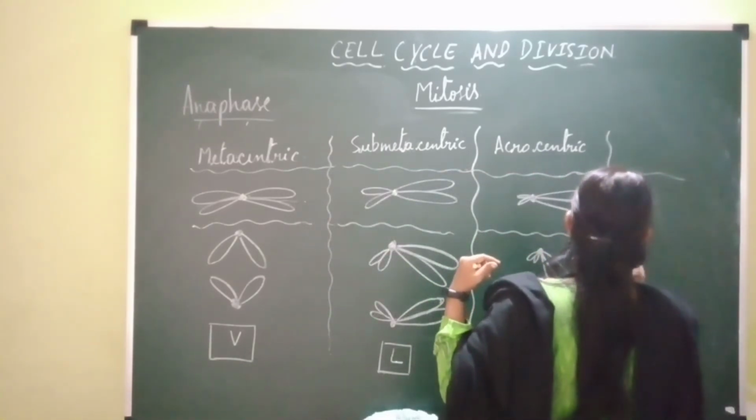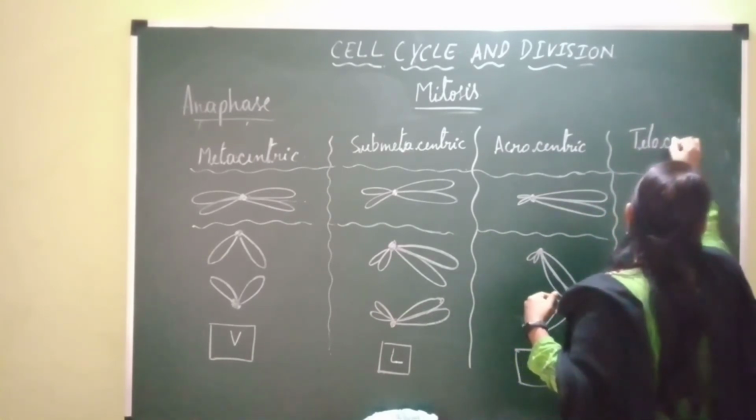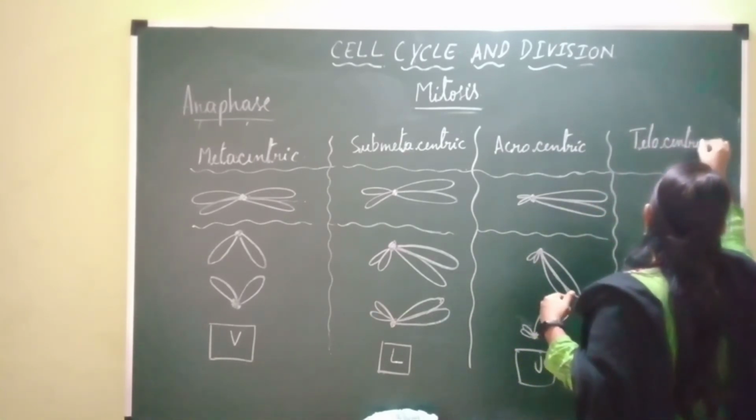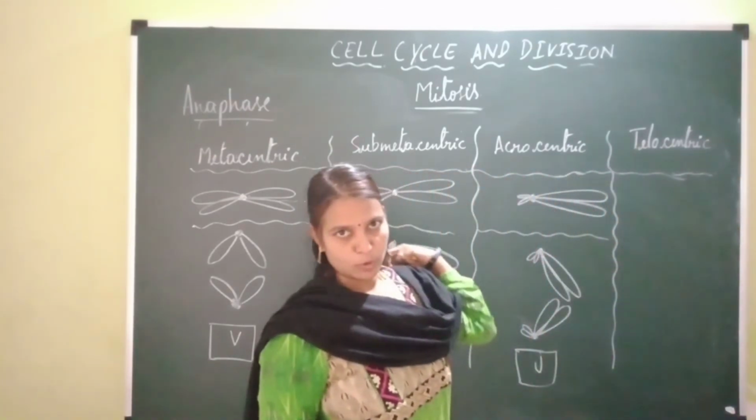In case of telocentric chromosomes, telo means end. The centromere is completely at the end of the chromosome.